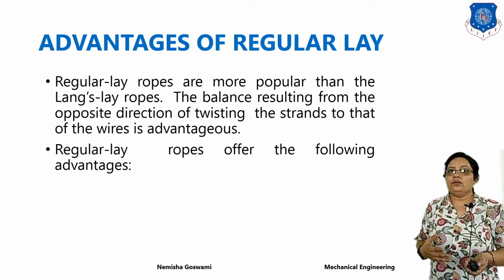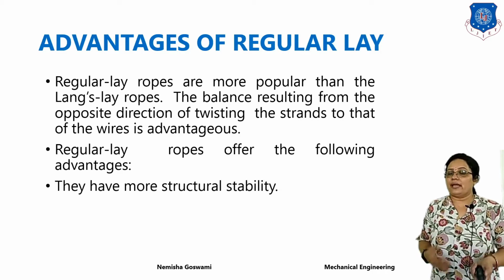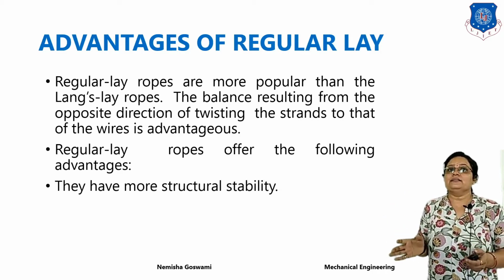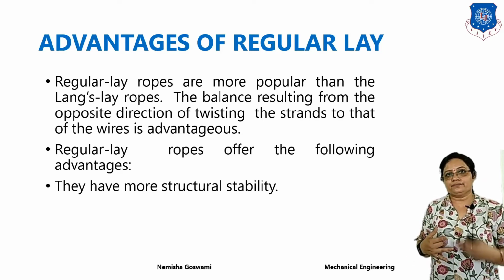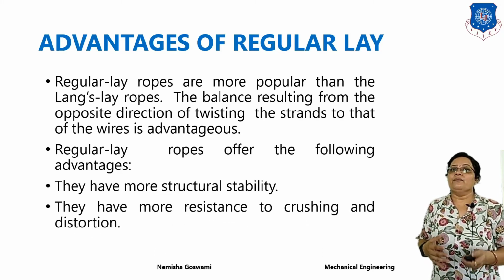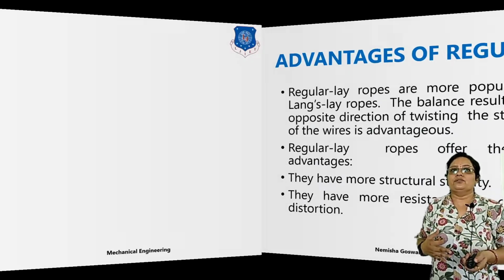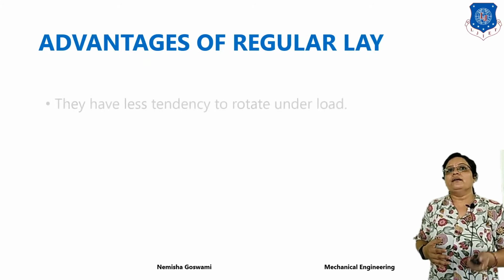Regular lay ropes have different types of advantages. First, they have more structural stability as compared to lang lay wire, right? And they are more resistant to crushing and distortion. So these are basically the advantages of regular lay.